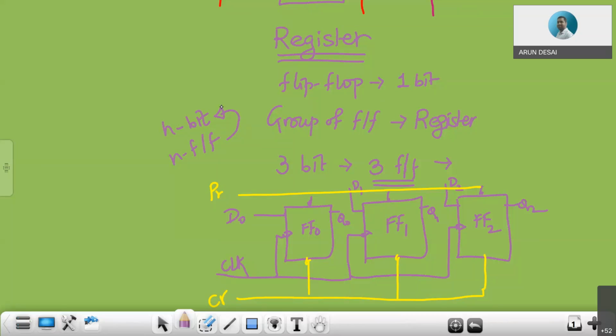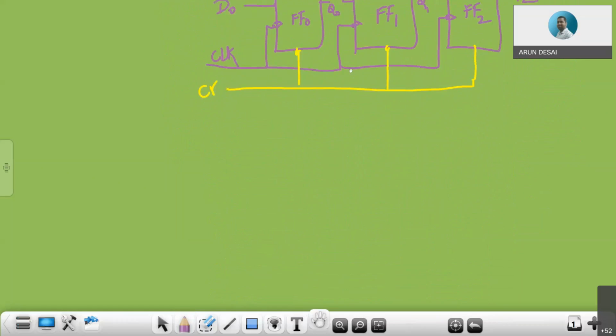So this is basically about register, and we are using D type flip flop to store values inside the register, right? Then how can we store these values inside a register?